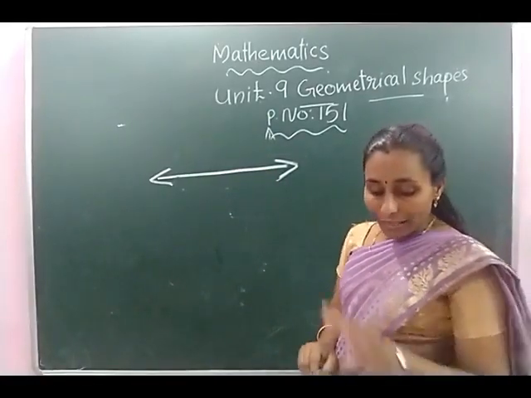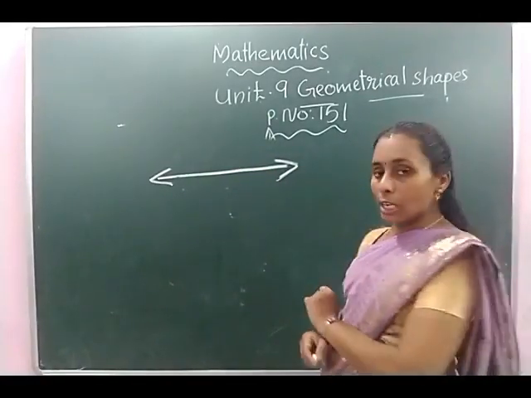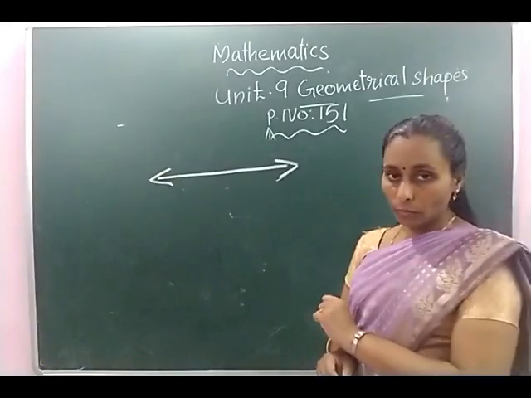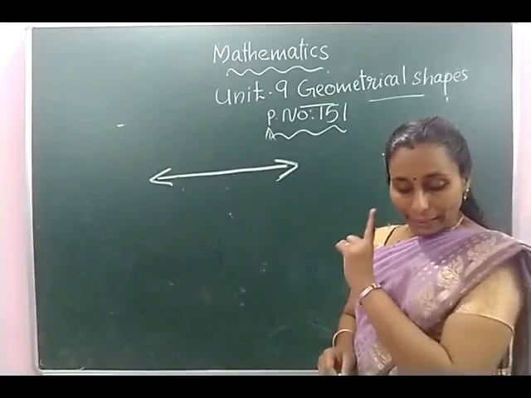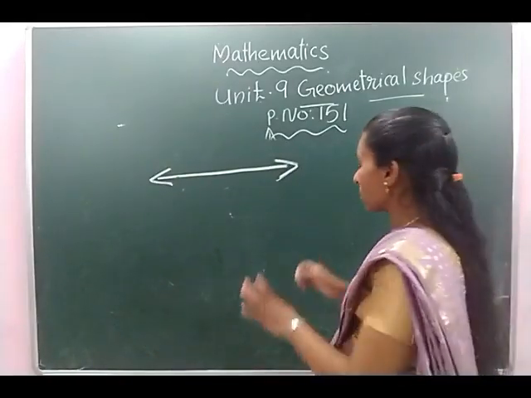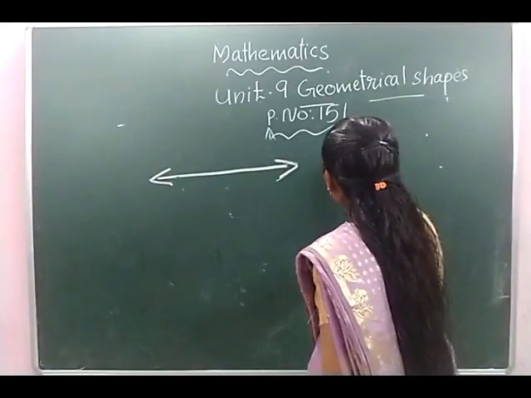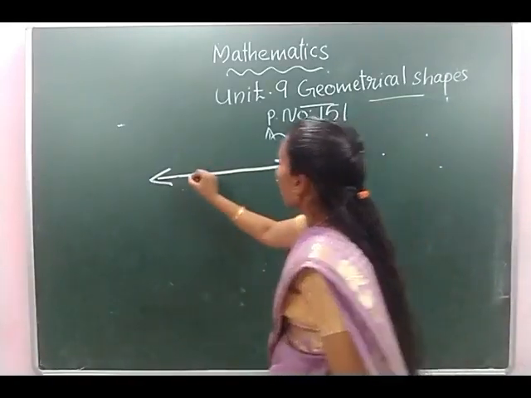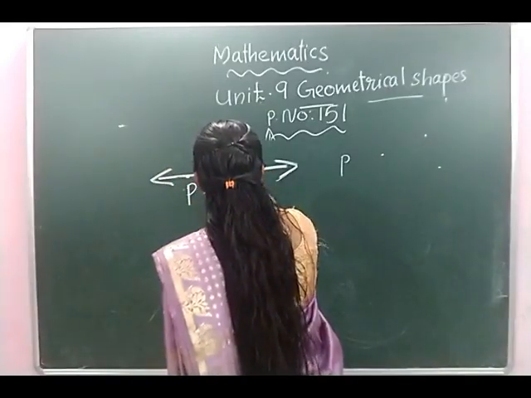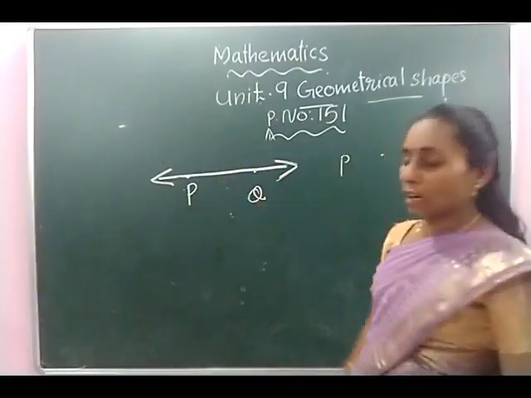Now let's see how we can name or represent a line. By using capital letters, we can represent it. Here I have written P and here I have written Q, two points I have marked.